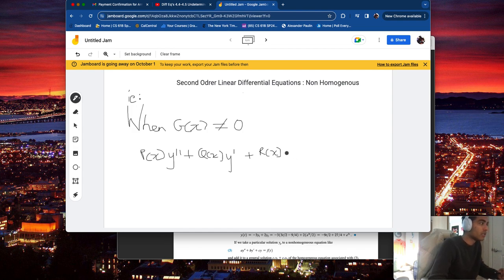But in this case, I'm just expressing what a second order differential equation would look like. So if these are always constant, it would look something like this.